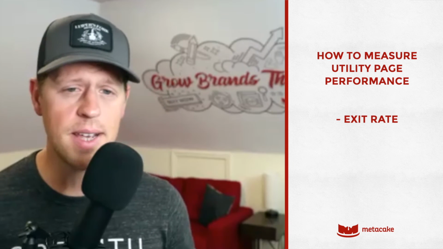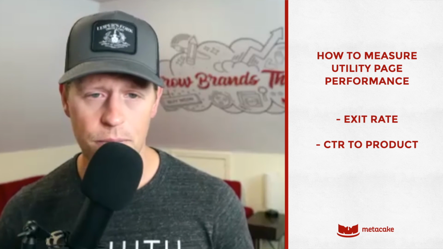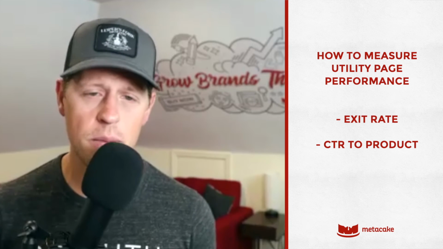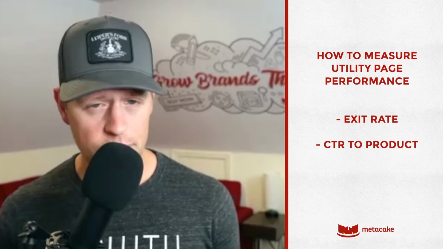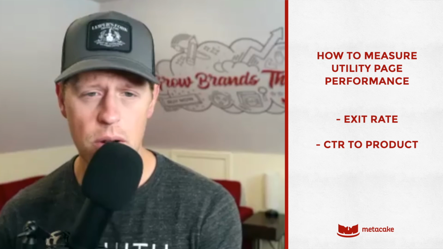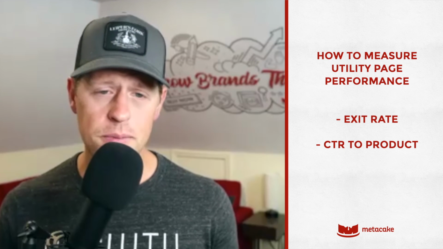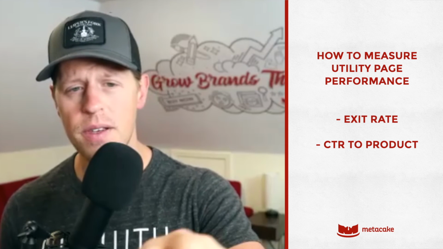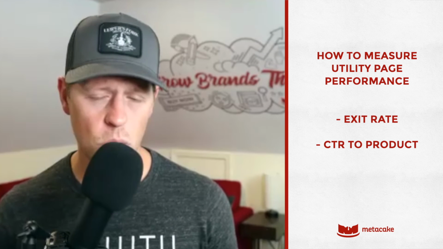So that comes to the second metric, which is click-through rate to a product page. We want to make sure that you can quickly get a click-through rate to a product page. And if we measure that, the higher that click-through rate, the better this utility page is actually functioning. And ultimately, conversion rate, of course, on our website, but conversion rate when this page is within the experience is the one you want to look at.